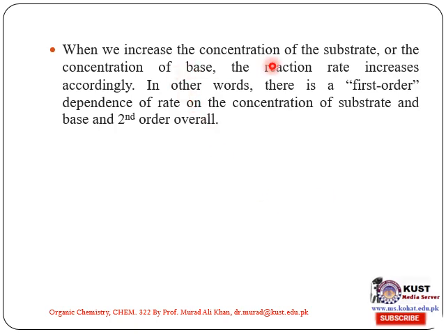When we increase the concentration of the substrate or the concentration of the base, the reaction rate increases accordingly. In other words, there is first order dependence of the rate on the concentration of substrate and base, and second order overall.